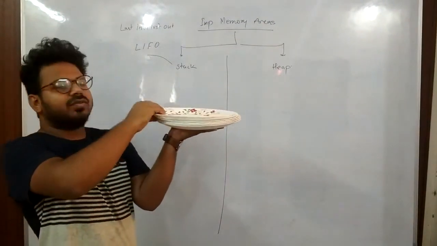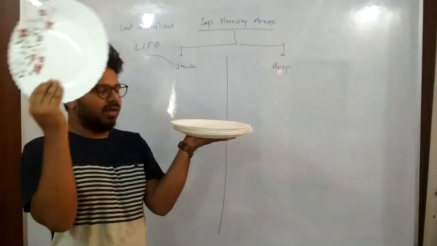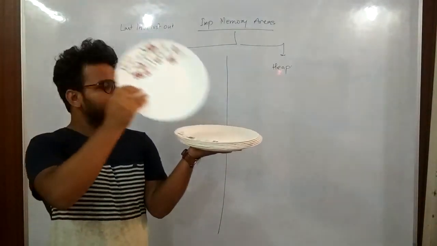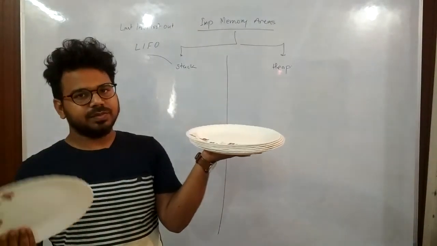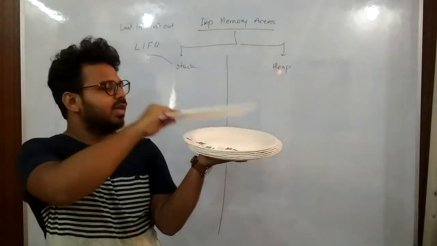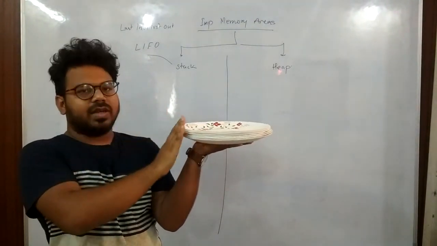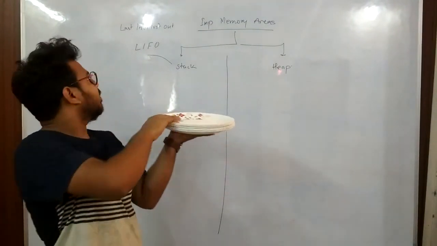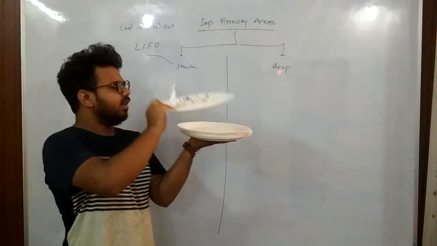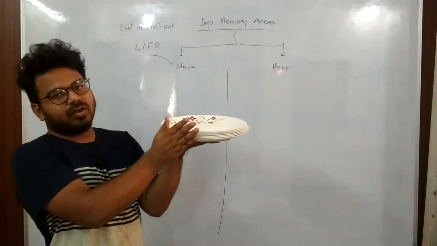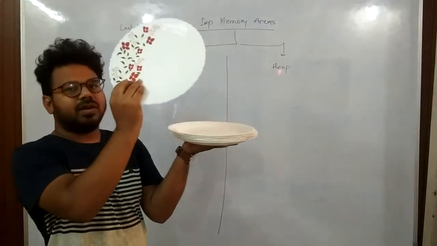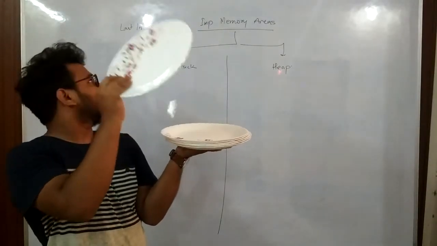The last plate which I kept on the stack of plates was the last in plate. Whenever I have to remove from this stack of plates, I have to remove the plate which was last in first.